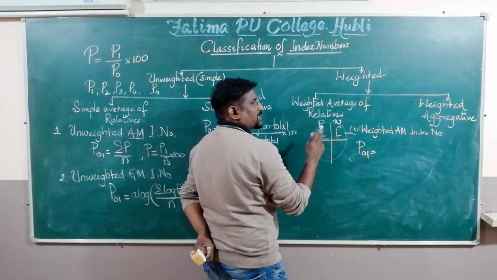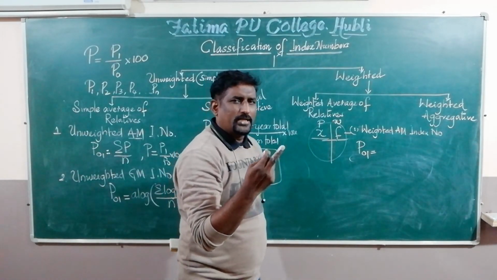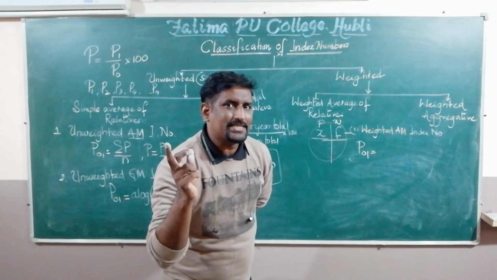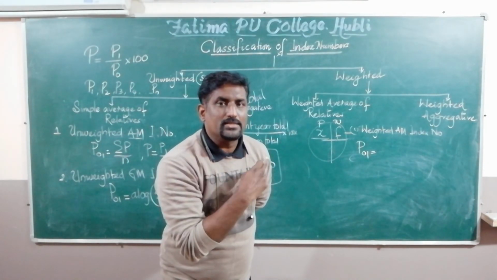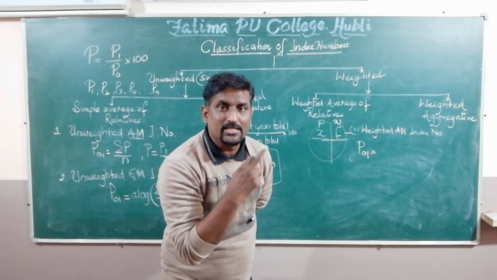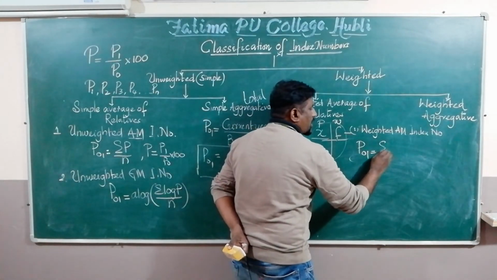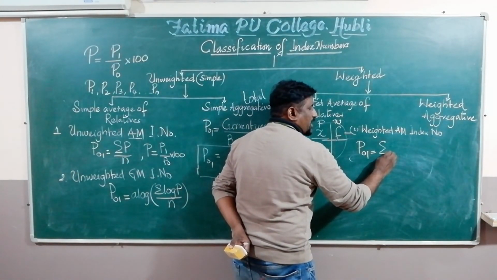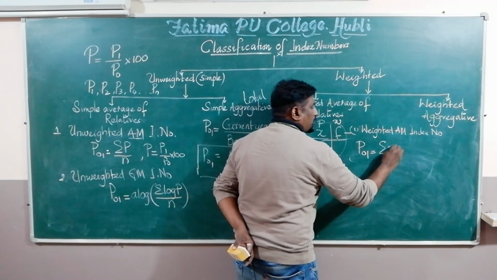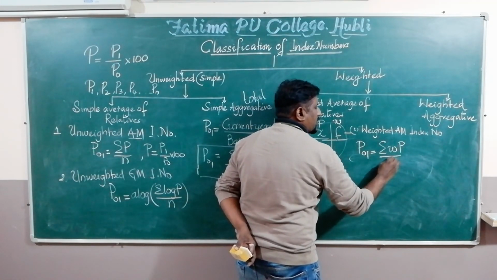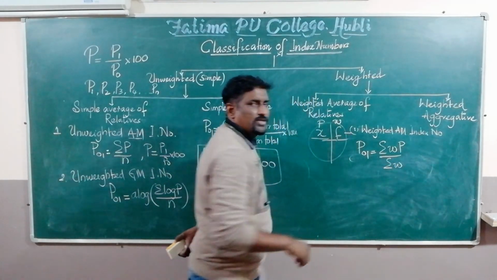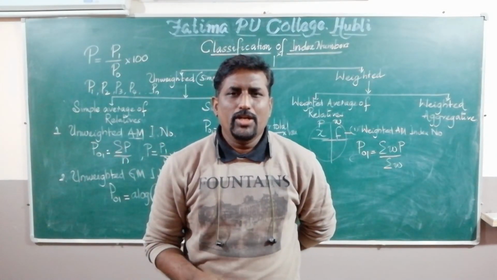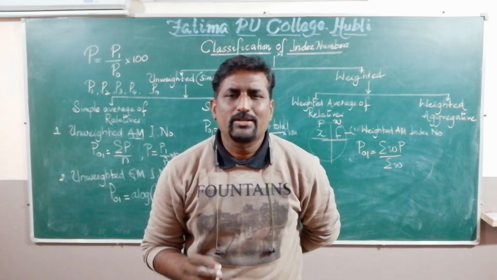For the arithmetic mean for tabulated data, it is summation f x. What is f here? That is W, weights. X is P. So it will be summation WP divided by summation F, or summation W. You understood? Summation WP divided by summation W.